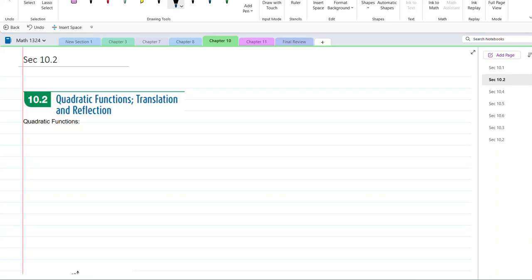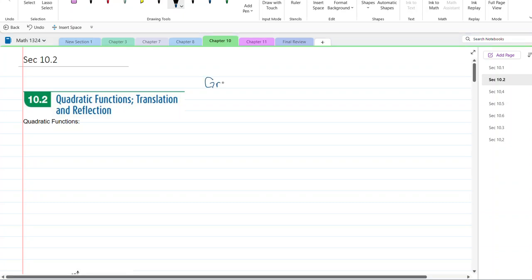We are now in section 10.2, which talks about a very important graph type, and that is the quadratic function, its translations and reflections. Reflections meaning flip, and translation means movement of the function on a coordinate grid. So we're talking again about a graphing concept.